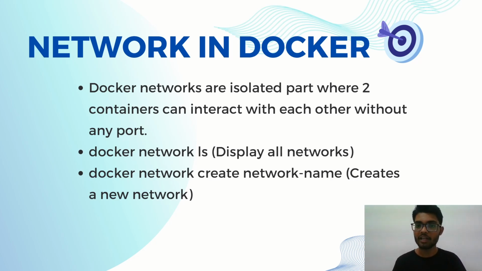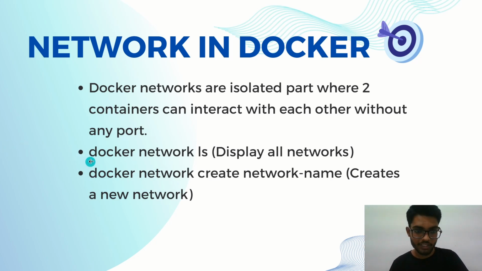But if I want to do that without using the port, what I can do is create a separate isolated box, and I will put both my containers into that network so that all the containers in one network can interact with each other.